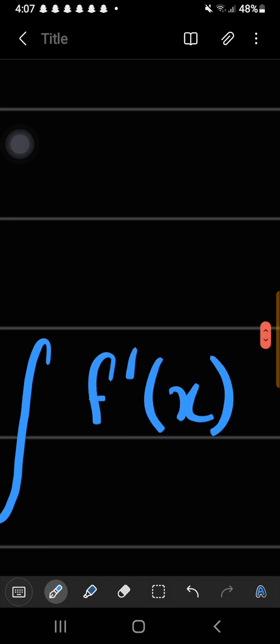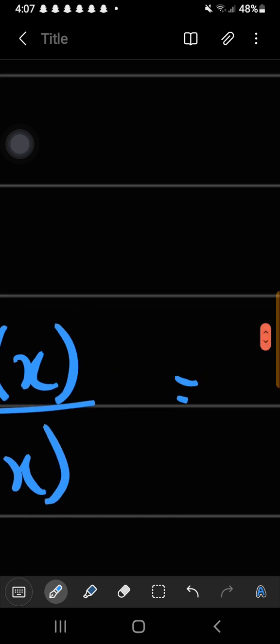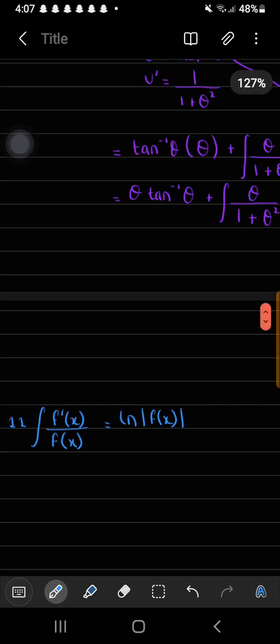Integral f prime x upon f of x is equal to ln modulus f of x. So the function which is in the denominator, the numerator will be its differentiation. Then we can write its integral as ln f of x.